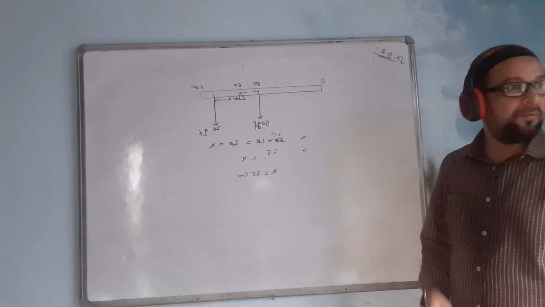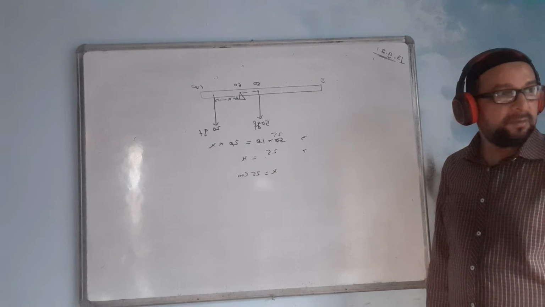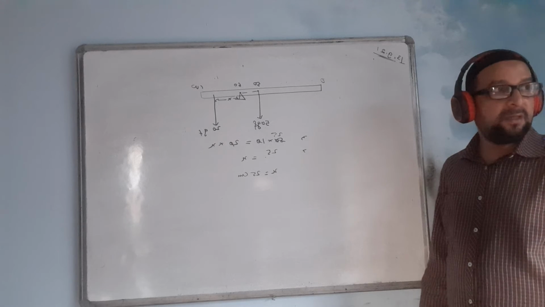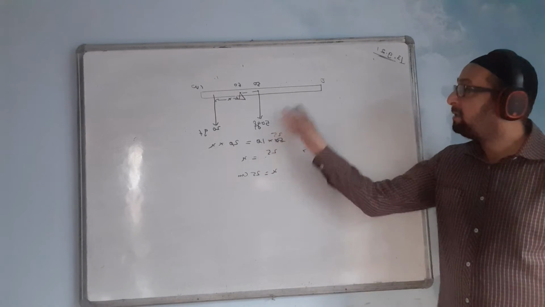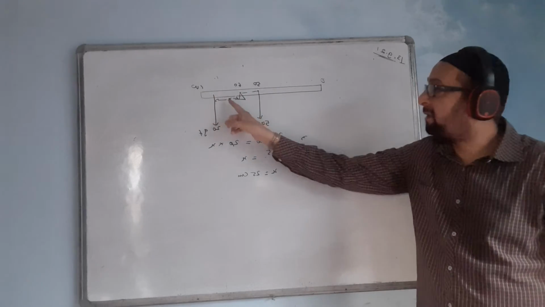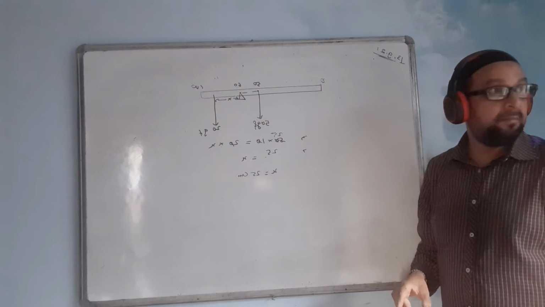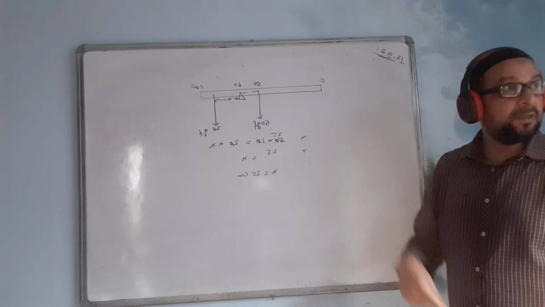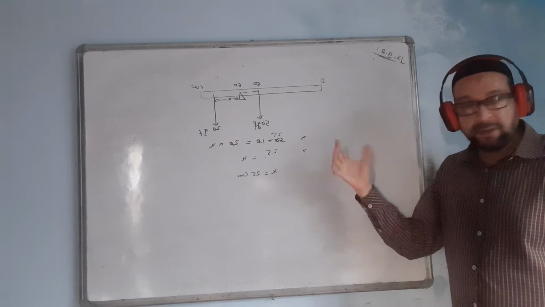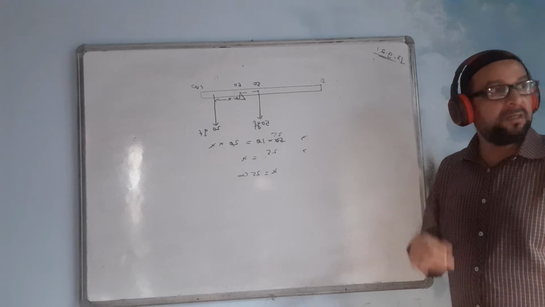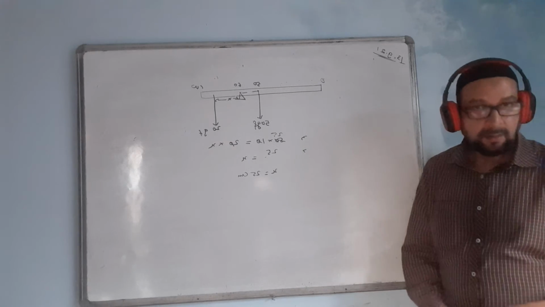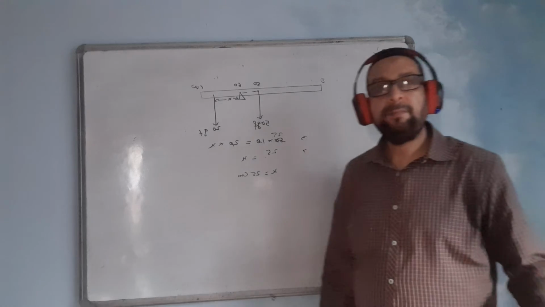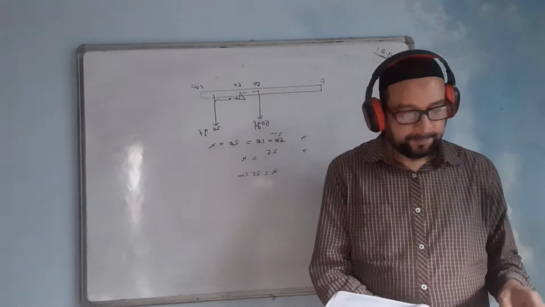Last option, instead of 100, write 85 centimeters. So which is the correct answer? 85. From 60 plus the x value we found, 25, the answer is 85. So they will give the option accordingly. Previously I just guessed it. The correct answer is 85 centimeters. Okay.